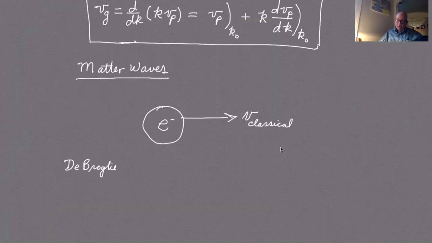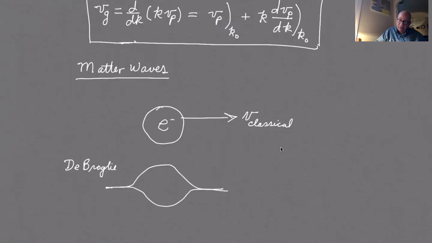Okay, and so if we imagine now that the electron is actually comprised of a wave packet. Okay, so this will be a wave packet.